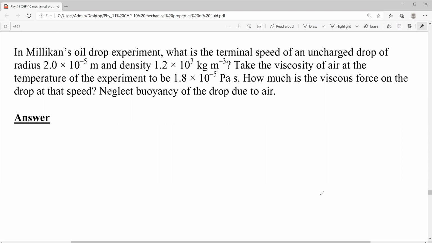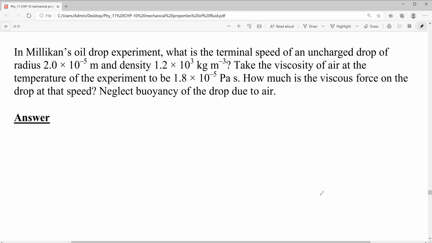Take the viscosity of air at the temperature of experiment to be 1.8 into 10 to the power of minus 5 Pascal second. How much is the viscous force on the drop at that speed? Neglect buoyancy of the drop due to air, they are asking.